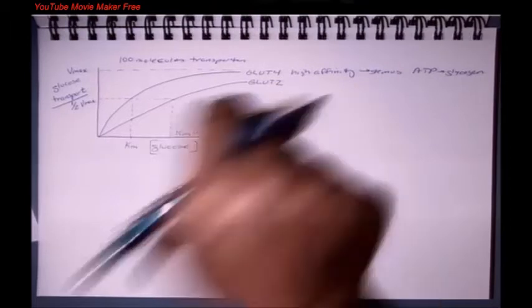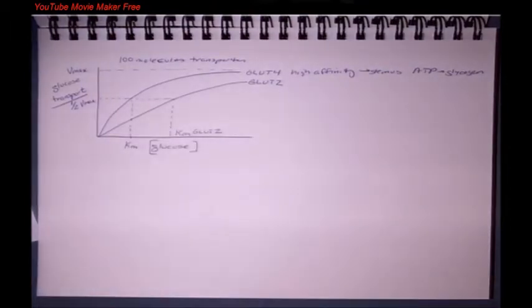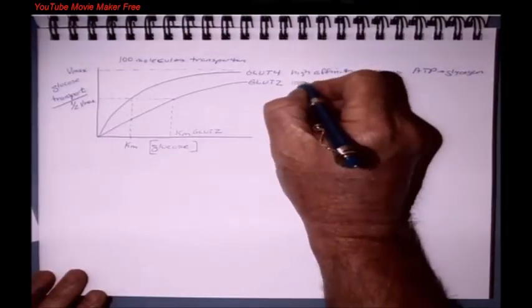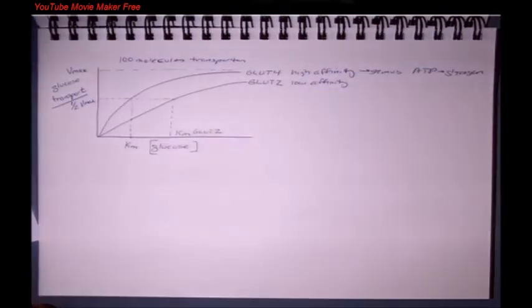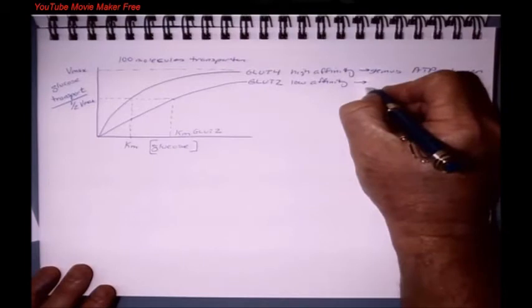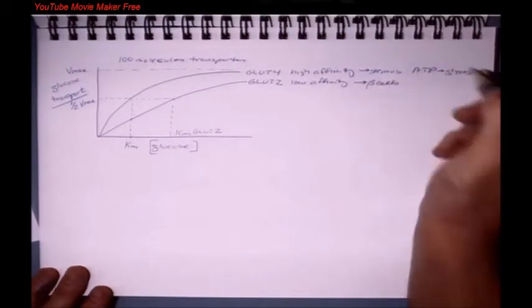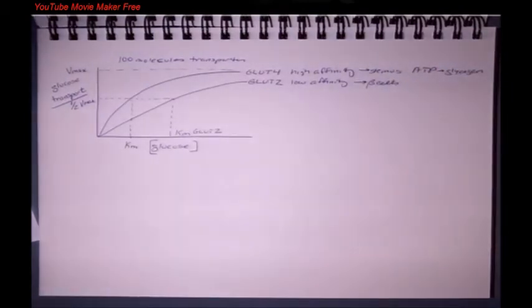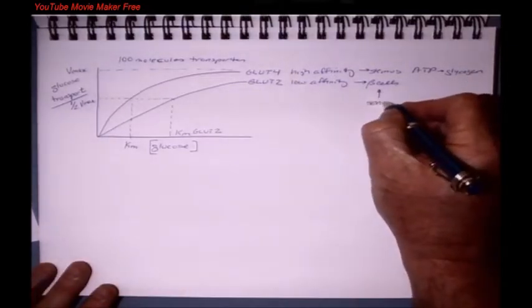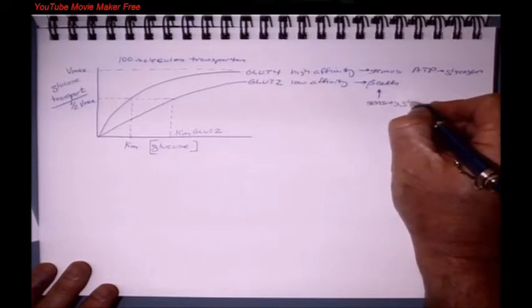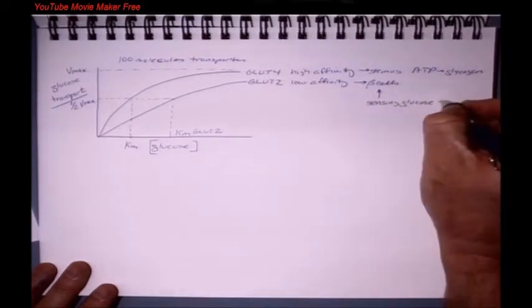What about GLUT2? Now GLUT2 is considered a low affinity transporter, and this is on beta cells. Now remember the function of beta cells. This is sensing glucose in a fed state.